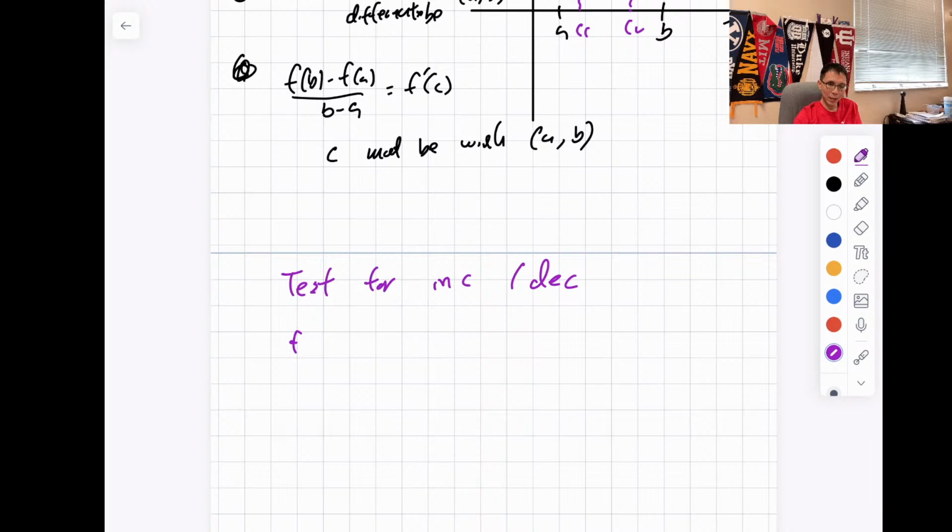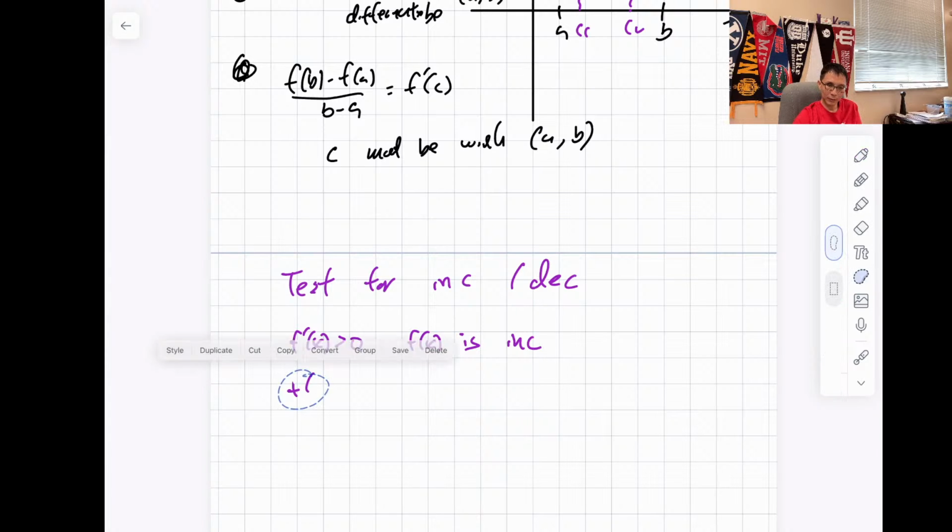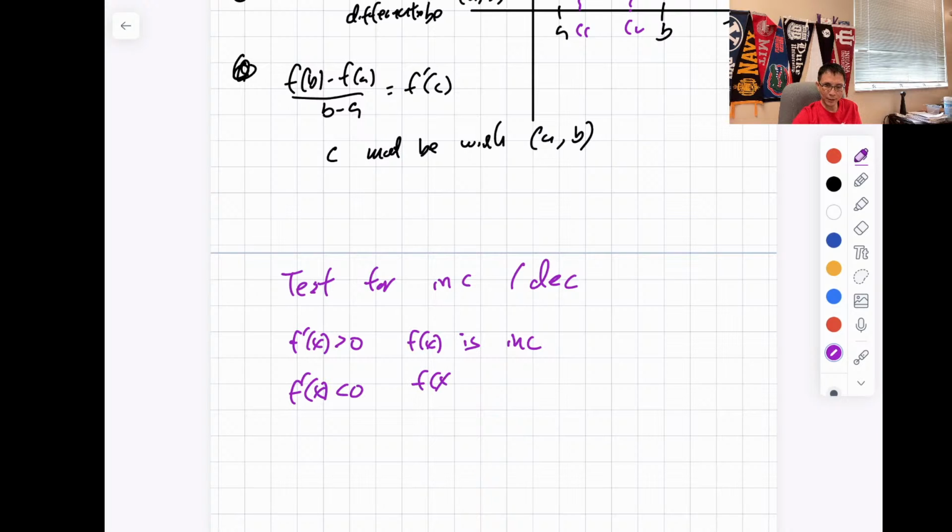If f prime of x is greater than 0, f of x is increasing, which makes sense because you have a positive slope. And if f prime of x is less than 0, f of x is decreasing.